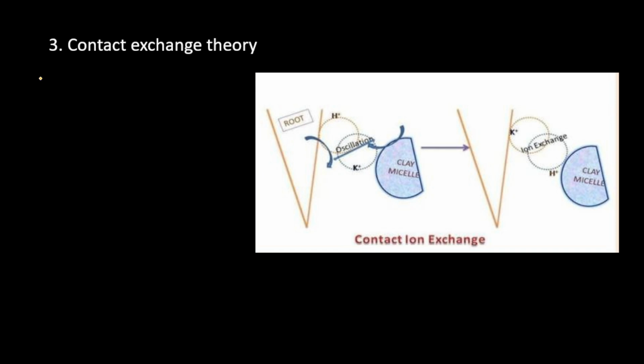Next we have contact exchange theory. In this theory, exchange of ions takes place between the roots and soil without intervention of soil solution. There is no intervention of soil solution as we saw in the previous theories.